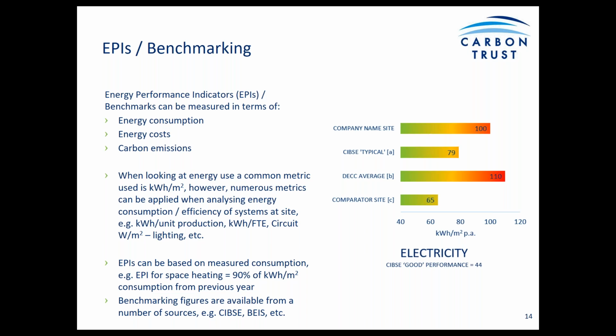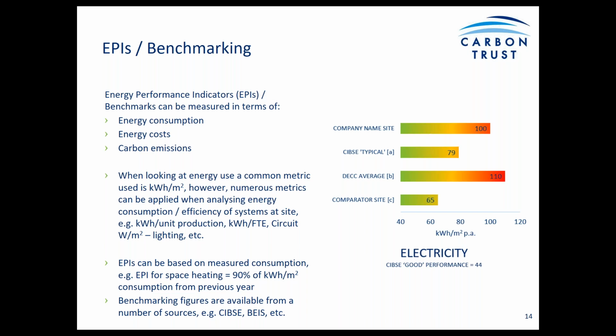EPIs can be based on measured consumption. So, for example, we've suggested here an EPI for space heating could be 90% of the kilowatt hours per meter squared consumption from the previous year's data, or could also be set maybe to reflect industry targets as well.